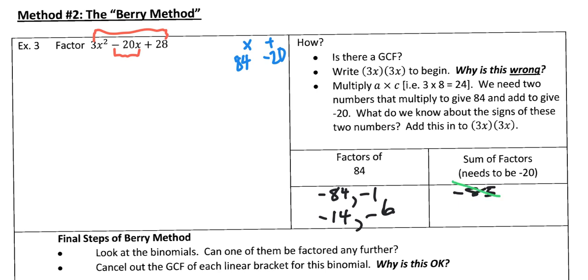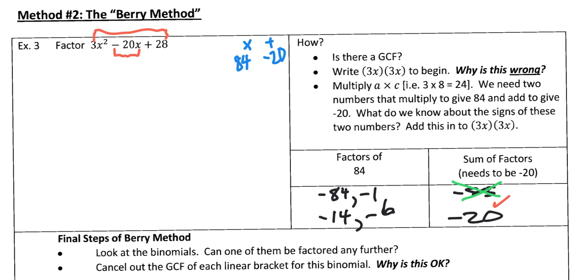And you notice that that would not work for 84 and negative 20. But if you take a look at negative 14 and negative 6, you'll notice that the total when you add them together is negative 20. So we're going to use this as our decomposition of the factorization.